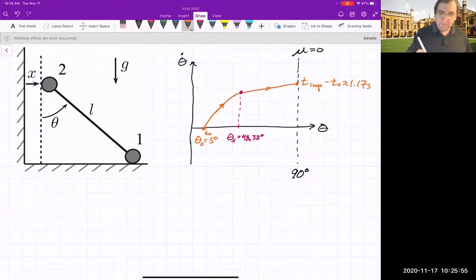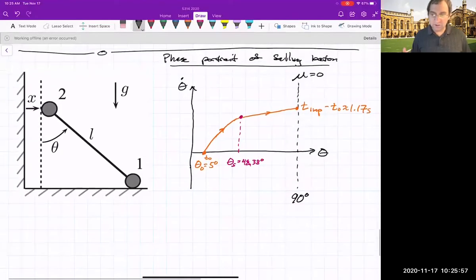All right. This isn't quite a phase portrait. It's just showing one particular trajectory. What do the other trajectories do? Well, if we were to release, let's say at theta equals 0 degrees, this will do something similar, but it'll separate from the wall sooner.